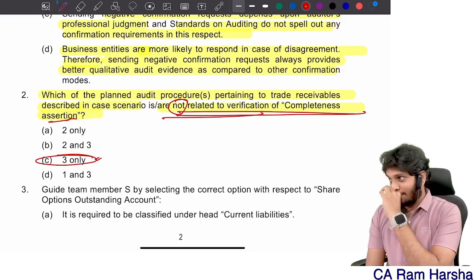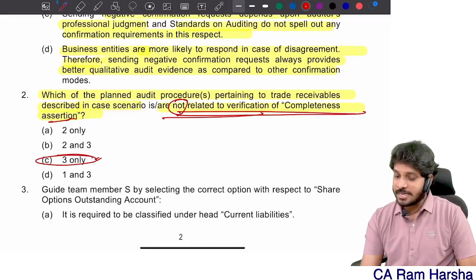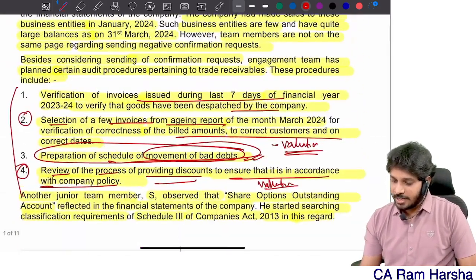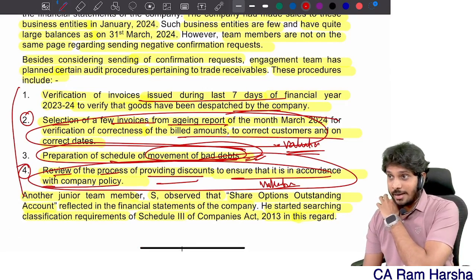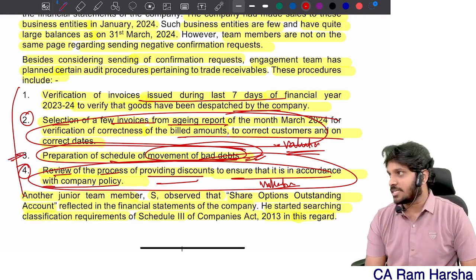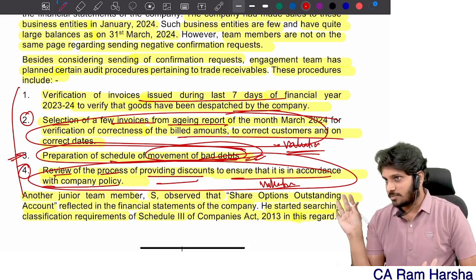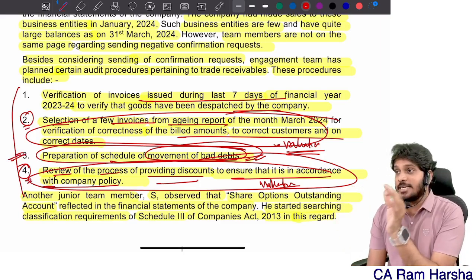Not related to completeness. In our answer, what are the procedures not related to completeness? We already figured out 2 and 4. These are not related to completeness. Yes or no? But they said 3 is not related to completeness, which is wrong. The answer is wrong. The actual answer is 2 and 4. Both of them are not related to completeness.